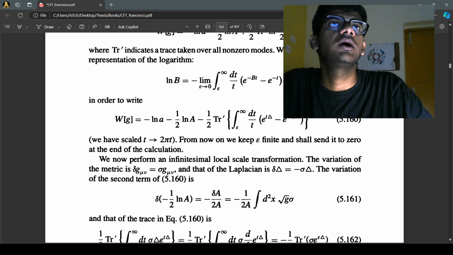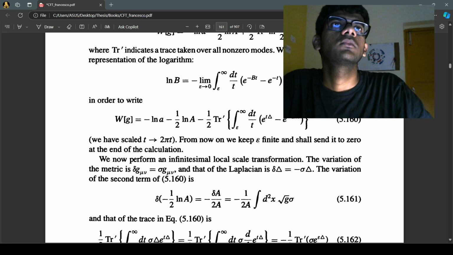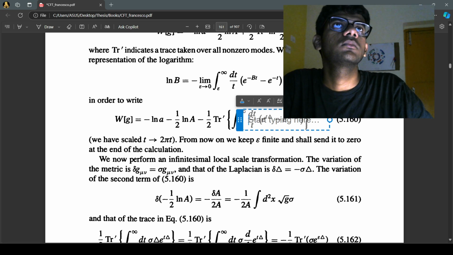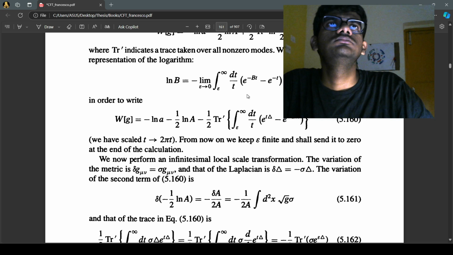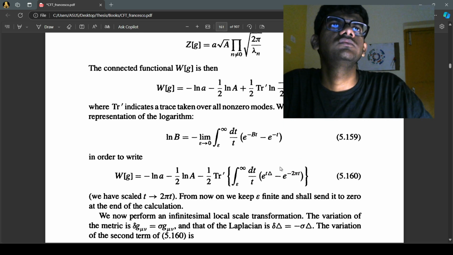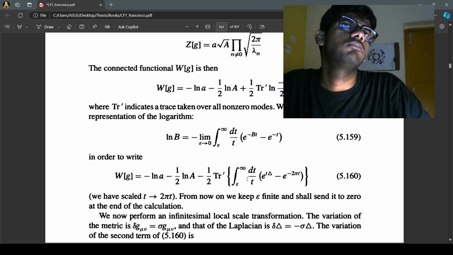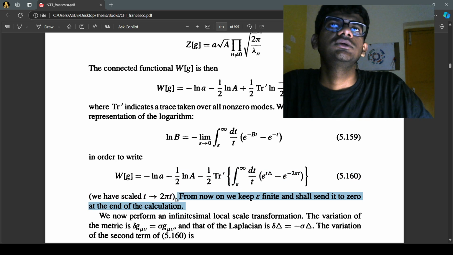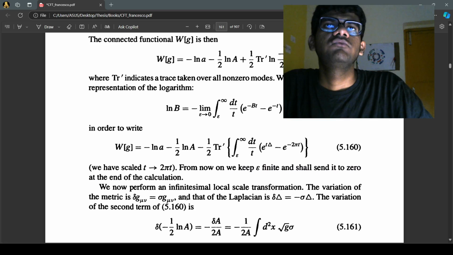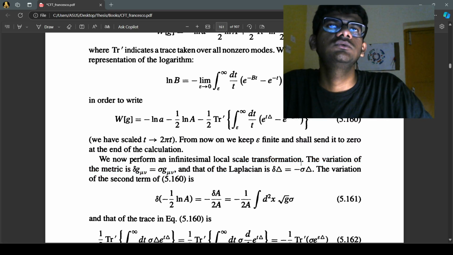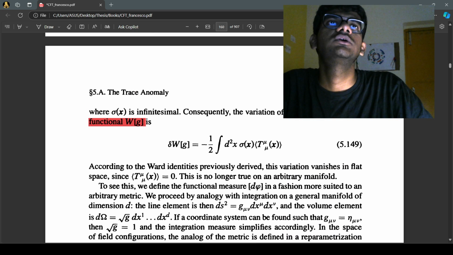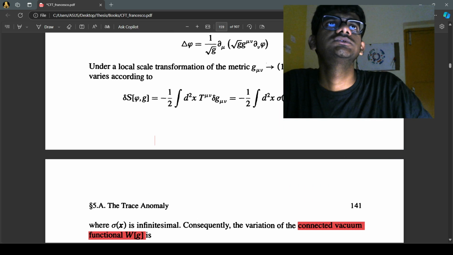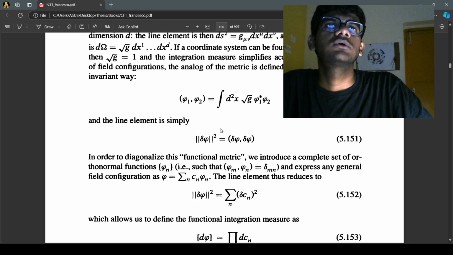From now on, we keep epsilon finite and shall send it to 0 at the end of the calculation. Yeah, sure. We now perform an infinitesimal log scale transformation. Again, the connected vacuum functional was sort of the distribution function of this thing. Okay.